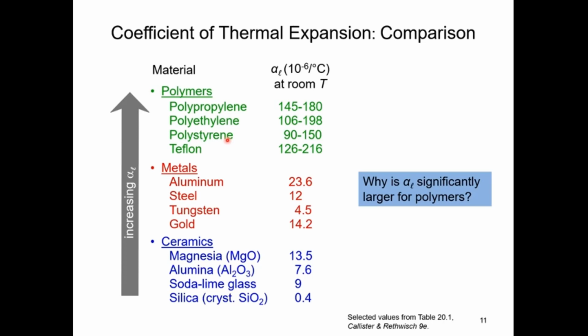While metals and ceramics are strongly bonded. We know that ceramics are bound to each other by ionic or covalent bonds, and metals are bound together via metallic bonds.